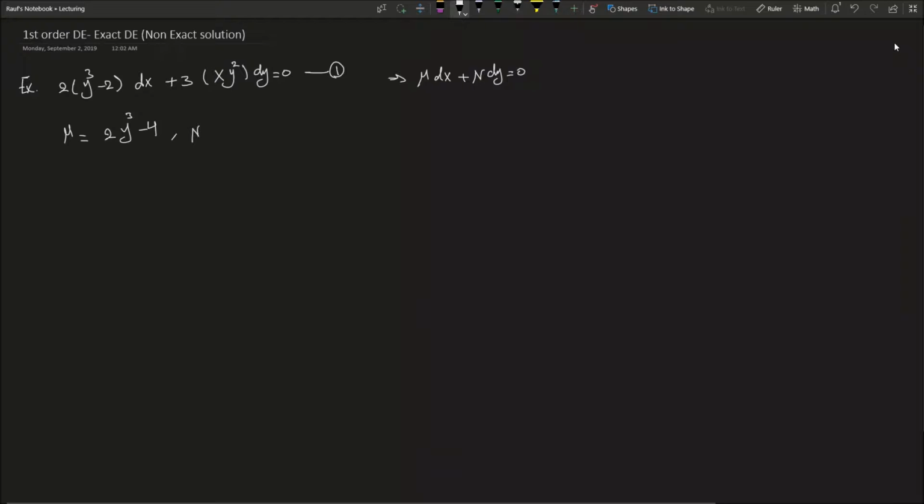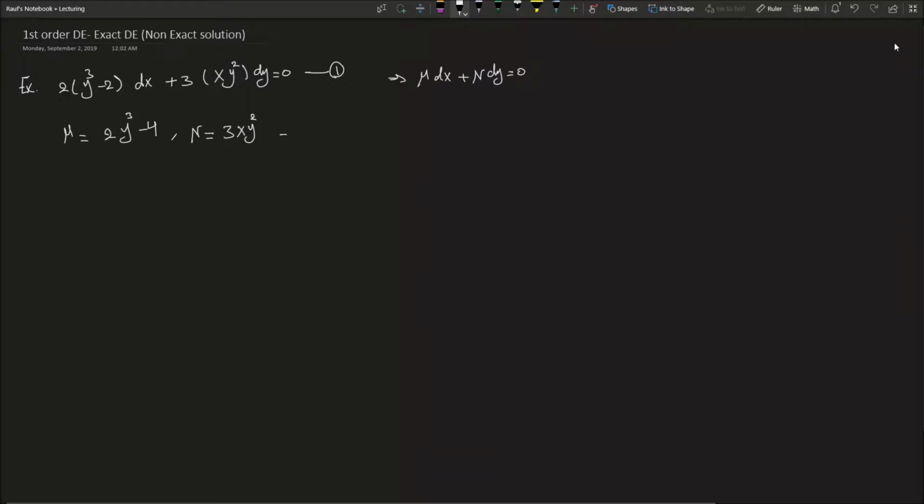And in the meantime, nu is partial phi over partial y, which gives us 3 multiplied by x multiplied by y squared.